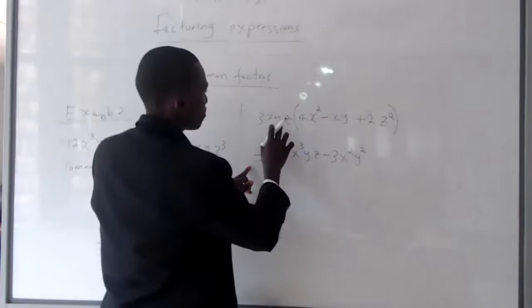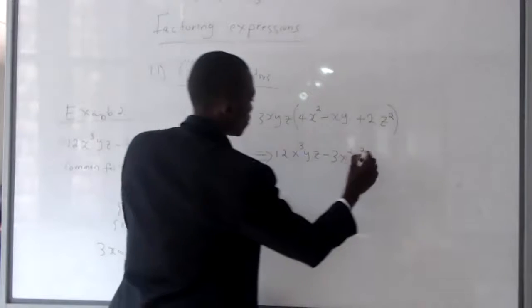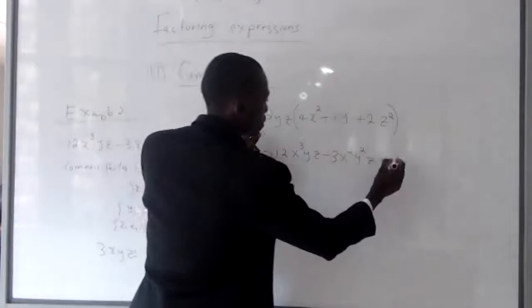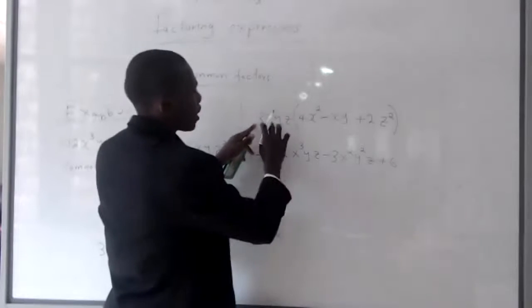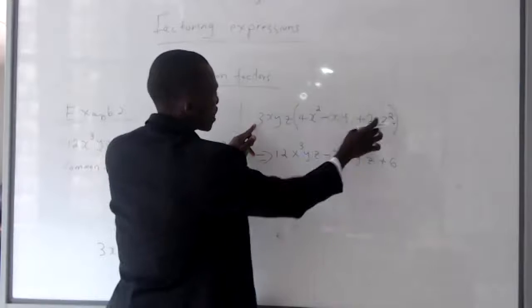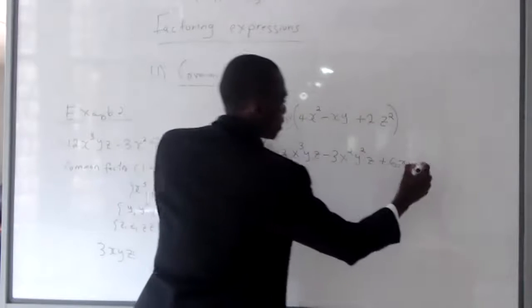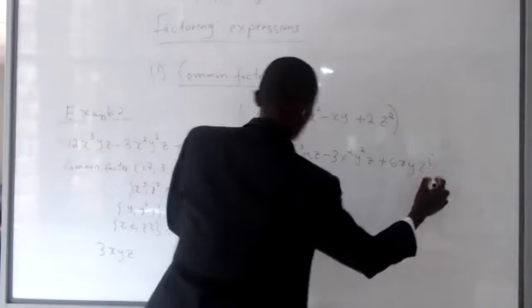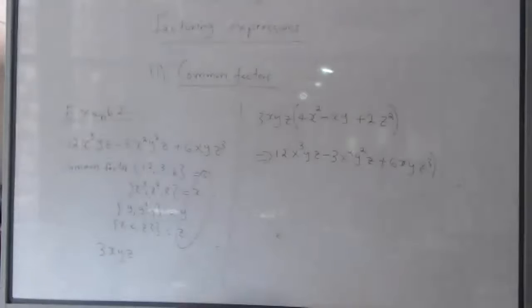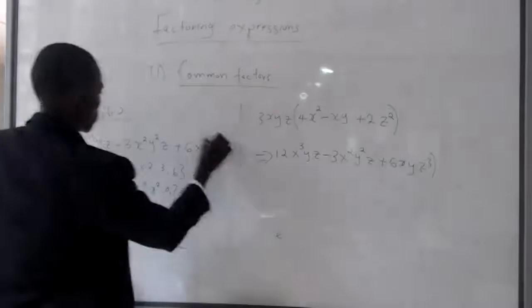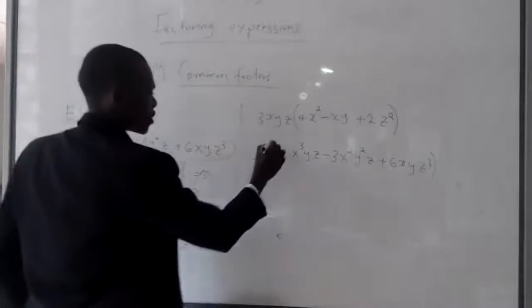Then we have z, then plus 3 times 2 is 6, then xy, then z times z squared is z cubed. As you can see, we have the same expression that we had before.